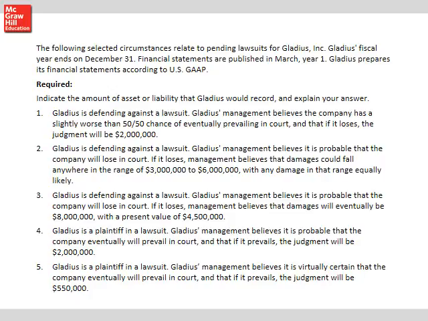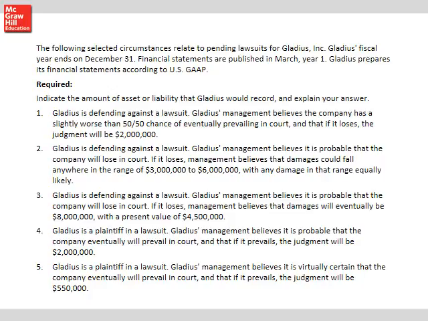Number 3. Gladius is defending against a lawsuit. Gladius's management believes it is probable that the company will lose in court. If it loses, management believes the damages will eventually be $8 million with a present value of $450,000. Number 4. Gladius is a plaintiff in a lawsuit.